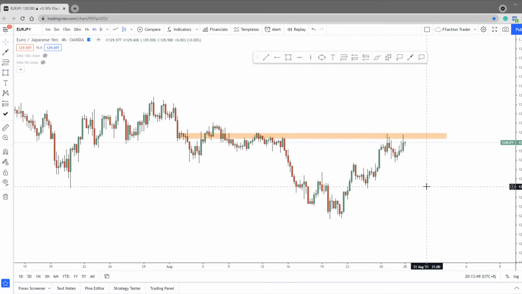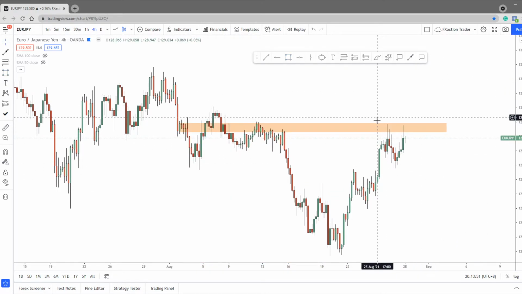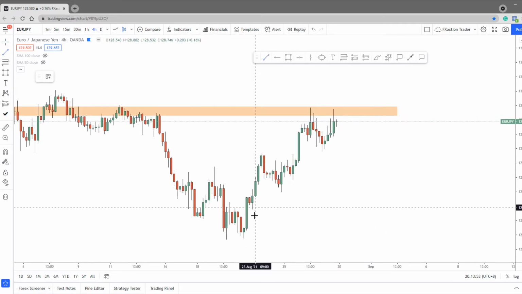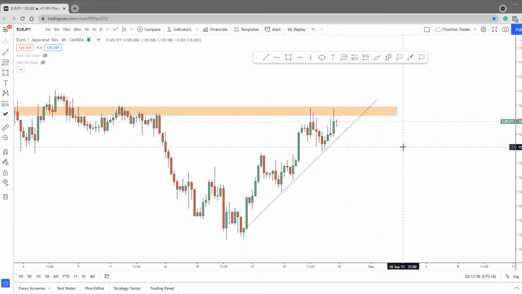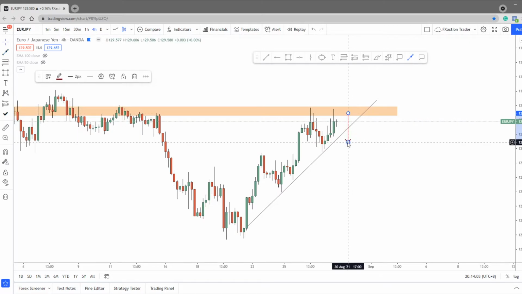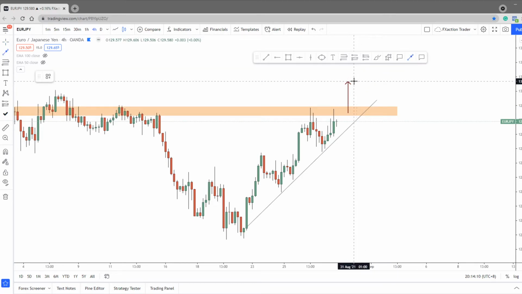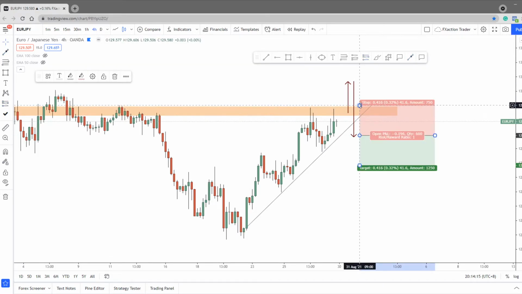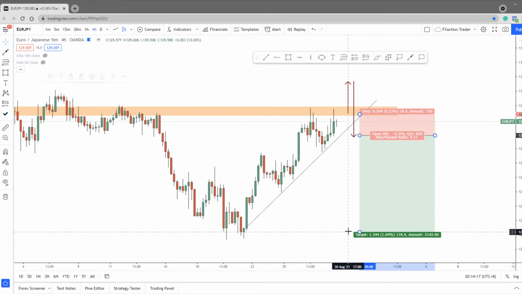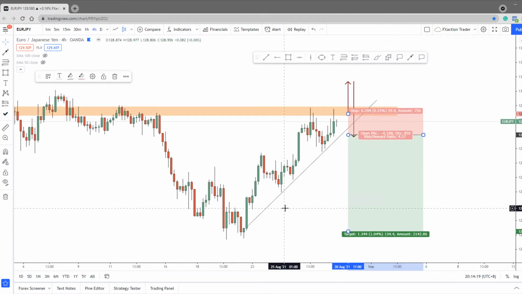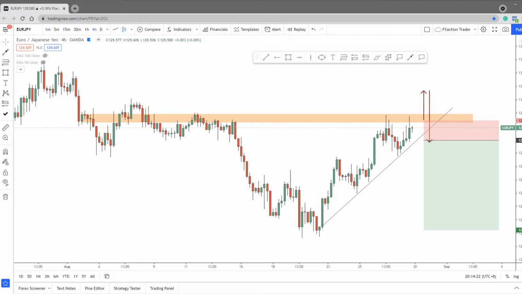We can see that there was some rejection here, but this is not a good time for us to go into a sell trade yet. What I would prefer is that market either breaks through this trend line, or market tries to break higher but ends up with a false break, and then only I will scale in for a short trade. So this pair will be in my watch list along the week as well.